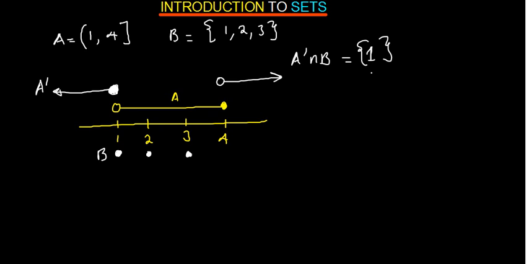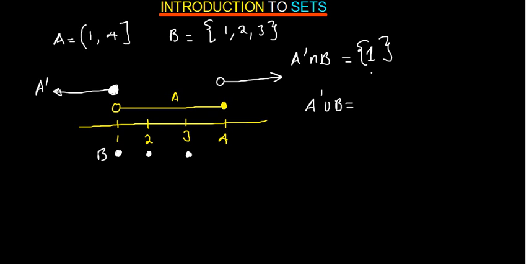Okay, let's say we are also asked to find A complement union B. Now, a union becomes a bit of a trick. Union means combine. We want what is outside A together with what is in B. That's union.